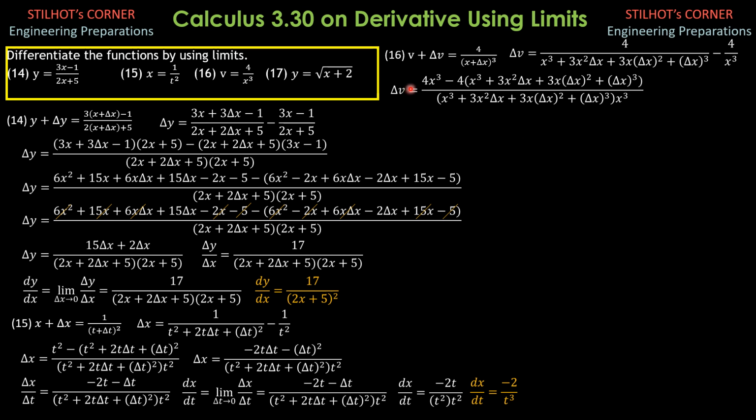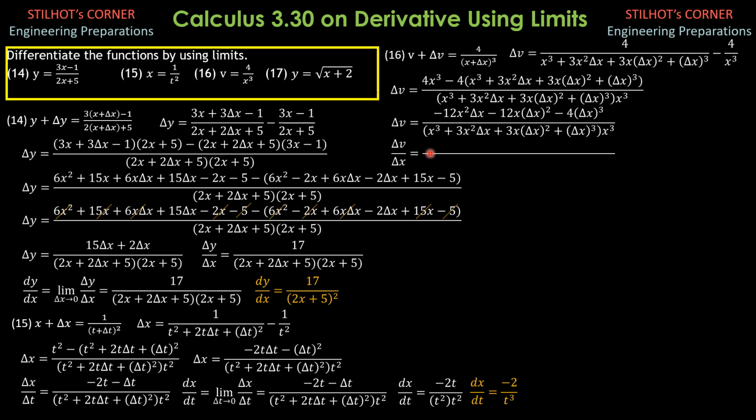So take note that we can eliminate 4x cubed in the numerator. So delta v equals negative 12x squared delta x minus 12x delta x squared minus 4 delta x cubed all over quantity, we just copy. Then next is we divide everything by delta x.